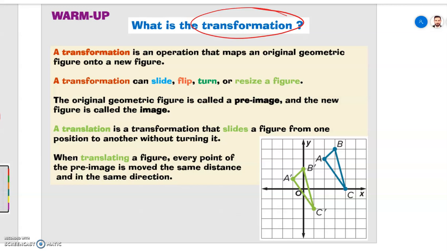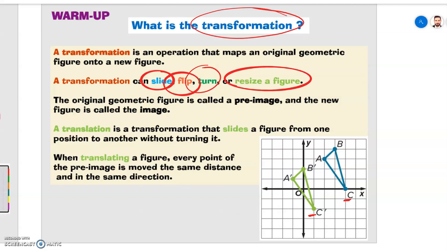For example, you see in front of you here the blue triangle and the green triangle. The transformation is an operation that maps the original figure to the new figure. Whatever this maps is slide, flip, turn, or resize a figure.